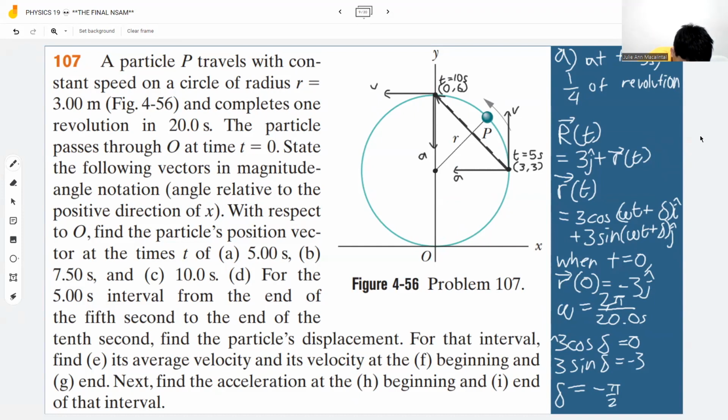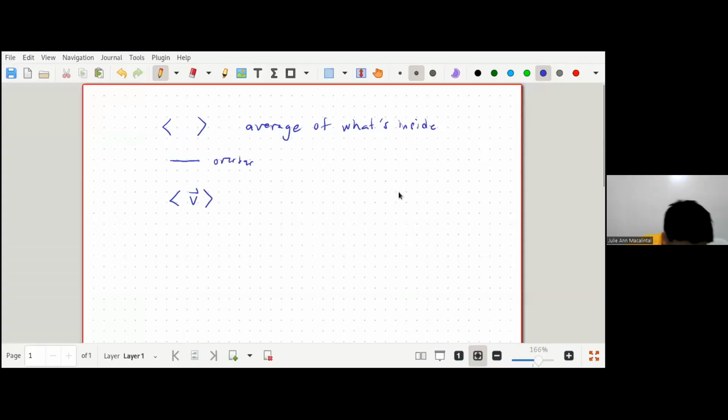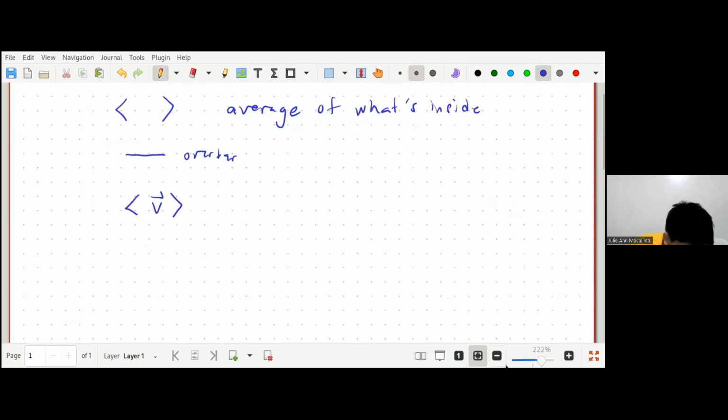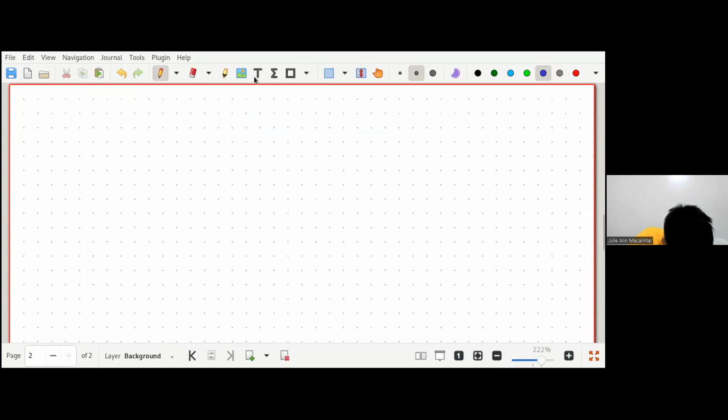Okay, so share ko muna yung screen ko. Okay, so let me just copy the diagram, and then new page. So let's just copy the diagram.